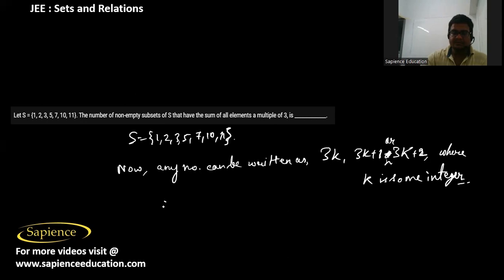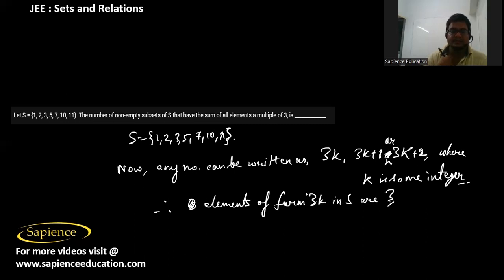So now here non-empty subsets, it means that it can contain one element. So the elements of the form 3k in the set S are 3. So only 3 is there.